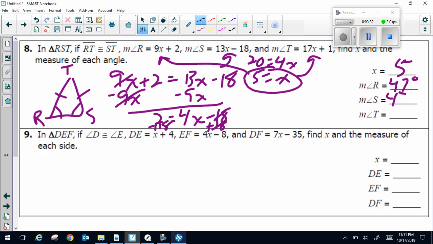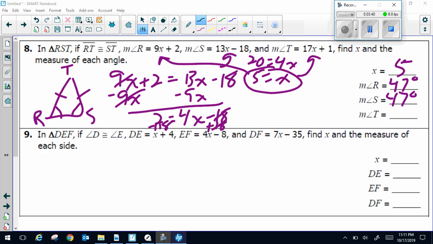So that's also 47. You also know that because they should be congruent. And then the last one, for angle T, 17 times 5 gives you 85. And you're going to add the 1, which gives you 86 degrees. And when you add all three of those together, you should get 180. And we do. Okay.